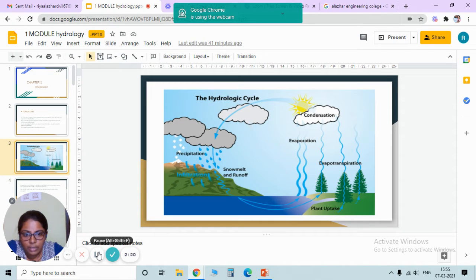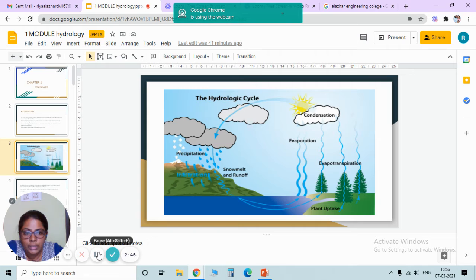Water is present in the ocean in liquid form, and this liquid water gets evaporated by the presence of heat. That means water is transferred from liquid to vapor, either from the Earth's surface or from the plants' leaf surfaces.